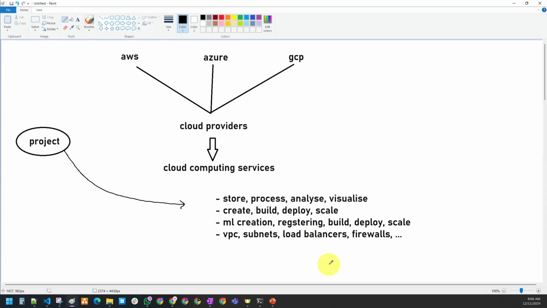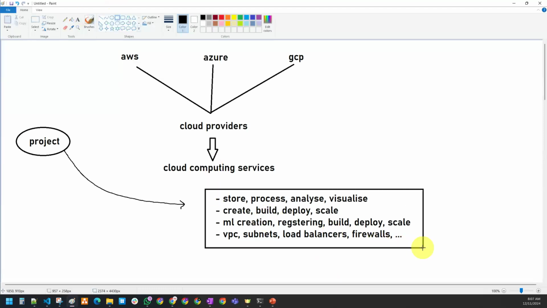To fulfill their project requirements, they need multiple services. Those services are nowadays provided by cloud computing providers, which are Google Cloud Platform, Azure, or AWS.